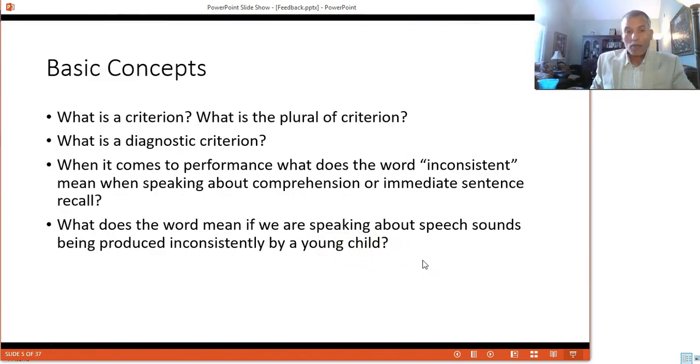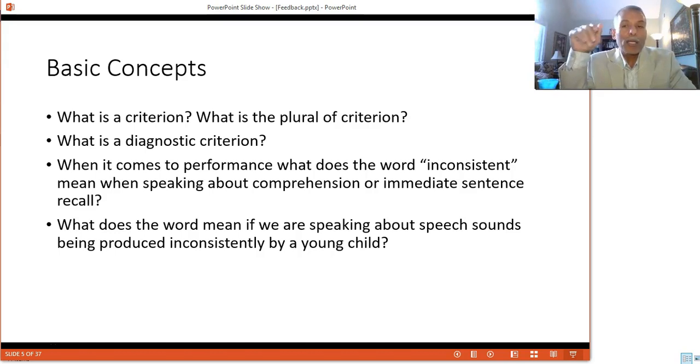So let me go over a couple of basic concepts here before we begin, as we continue our discussion. When we say criterion, a criterion is a specific condition that if someone meets, that person is going to be admitted as part of a certain group or not.